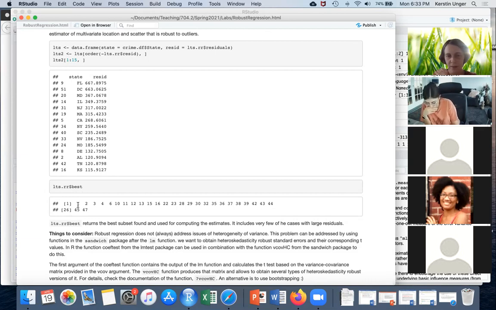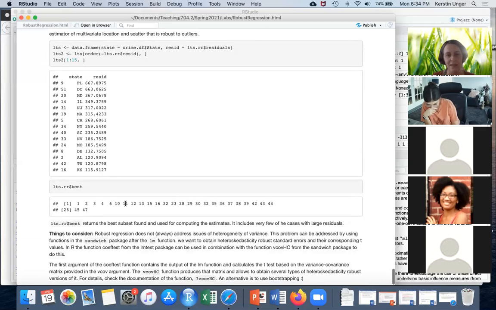And we see these are 1, 2, 3, 4, 6, 10, 11, 12, etc. All others that are not included here were not used to fit the model. These were considered bad ones, and these are considered good data points. So these are the cases that were used for actually estimating the model.